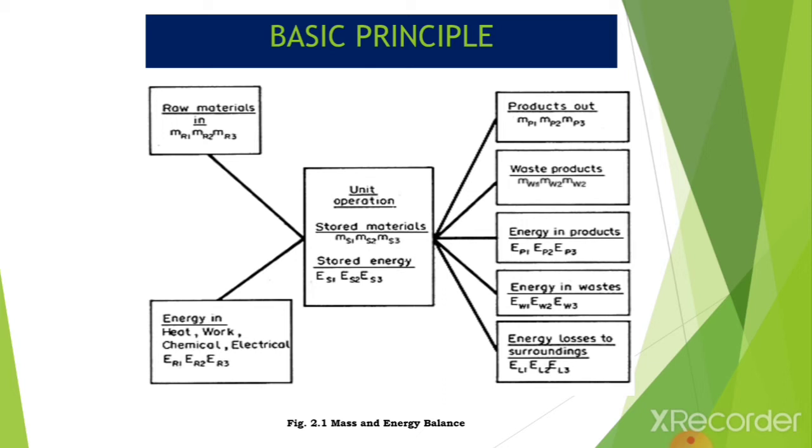Also, energy in product is denoted by EP1, EP2, EP3, that is, energy in product 1, product 2 and product 3. Energy in waste is denoted by EW1, EW2 and EW3. Also, some part of the energy is lost into the surroundings, which is denoted by EL1, EL2 and EL3. Moving to the next slide.